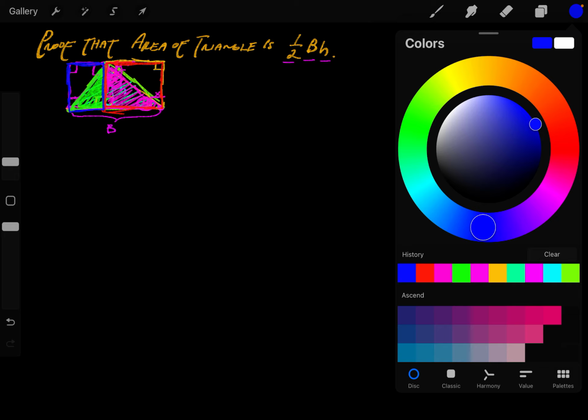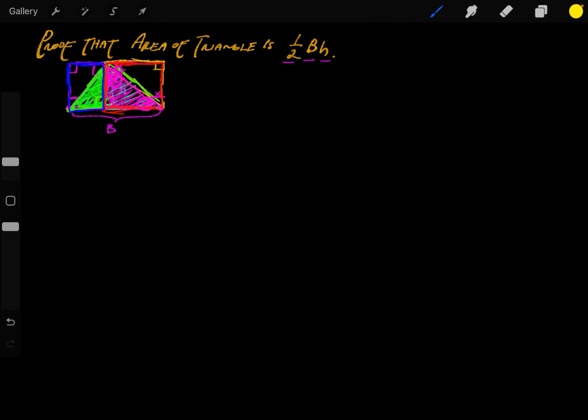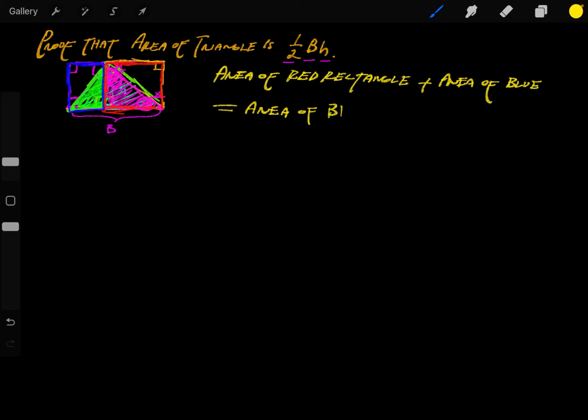So now let's write an equation. Let's say that the area of the red rectangle plus the area of the blue rectangle is the area of the big rectangle.